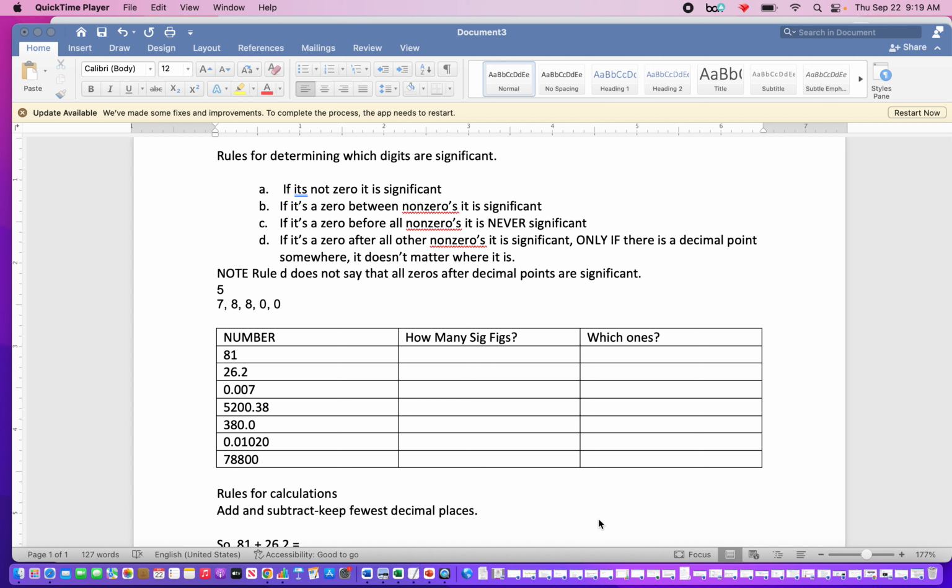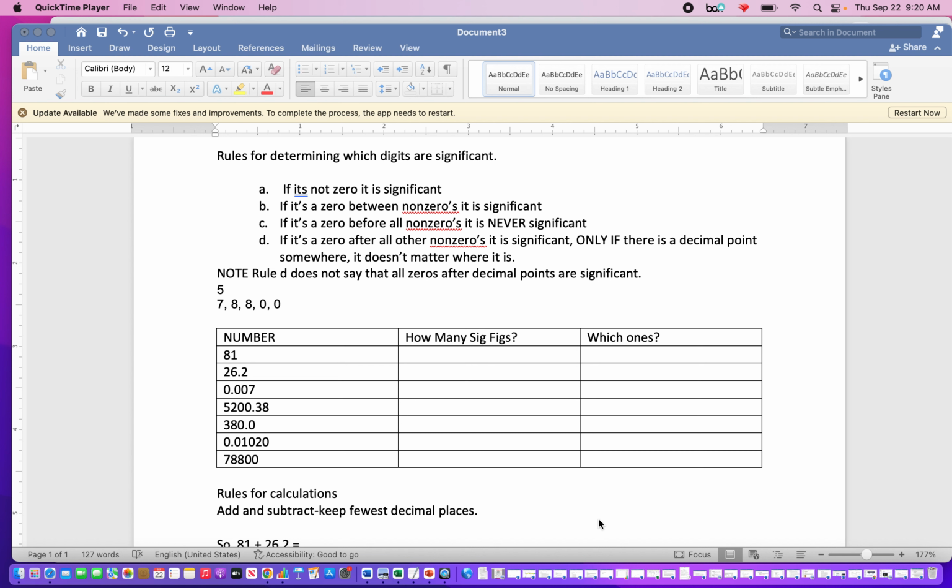So if we're doing math using those measurements, a lot of times when you're doing multiplication and division, you get whole bunches of digits and then you have to round them off anyway. So we just have to assume that we can't be more precise in our calculations than we are in our measurements. So hopefully that helps a little bit.